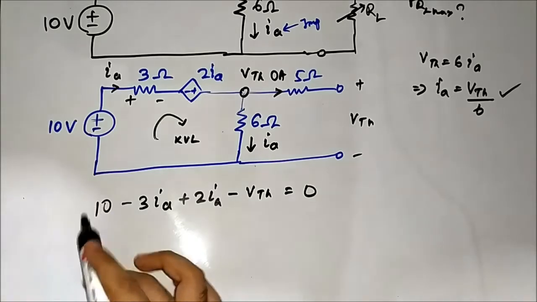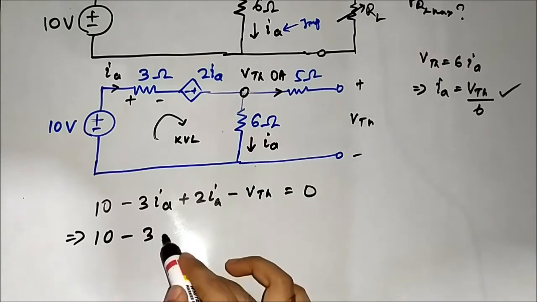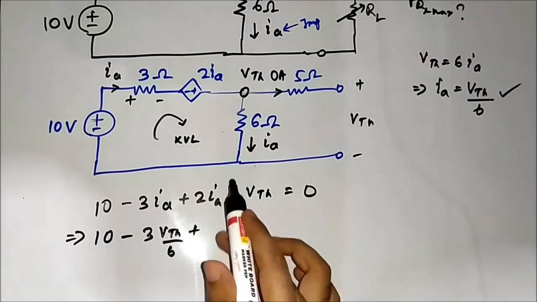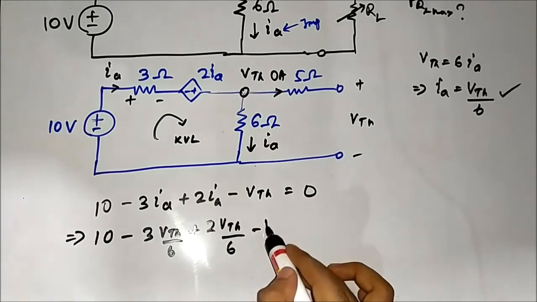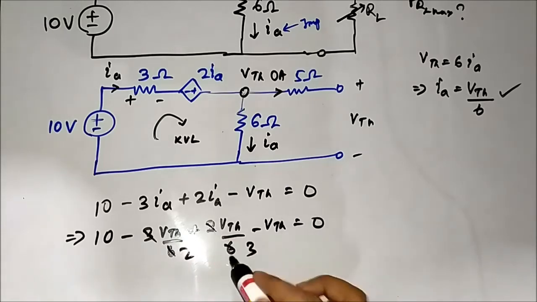That implies 10 minus 3 into VTH by 6 plus 2 into VTH by 6 minus VTH is equal to 0. This is 2, this is 3.